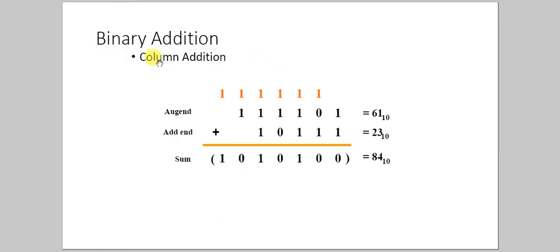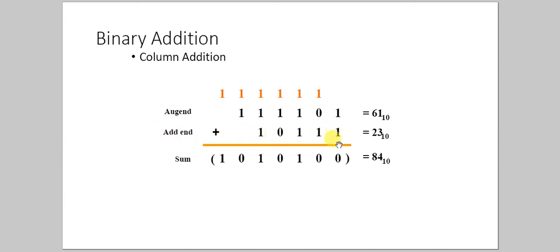Now we add two binary numbers. Let's say this is a binary number which is 61 to the base 10 in the decimal number system, in binary 1 1 1 1 0 1, and this is 1 0 1 1 1. When we add two numbers, the upper number we call the augend, the other is the addend.